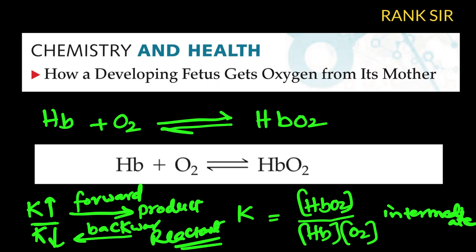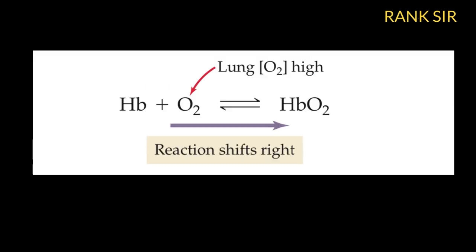Now, depending upon the concentration of oxygen, as blood flows through the lungs, where oxygen concentrations are high, the equilibrium shifts to the right side. Then hemoglobin loads the oxygen, the reaction proceeds forward and forms HbO2.